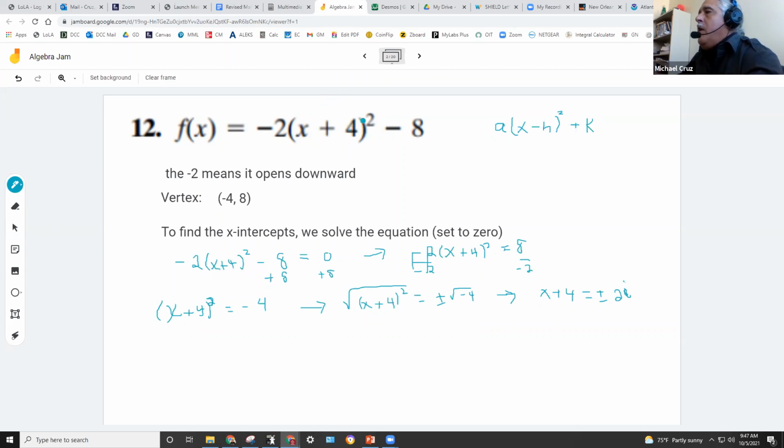So right here, when we square this out, x squared is x squared, 4 squared is 16, and then the way we get our middle term is x times 4 times 2. So that's plus 8x. I'm just going to double check this.